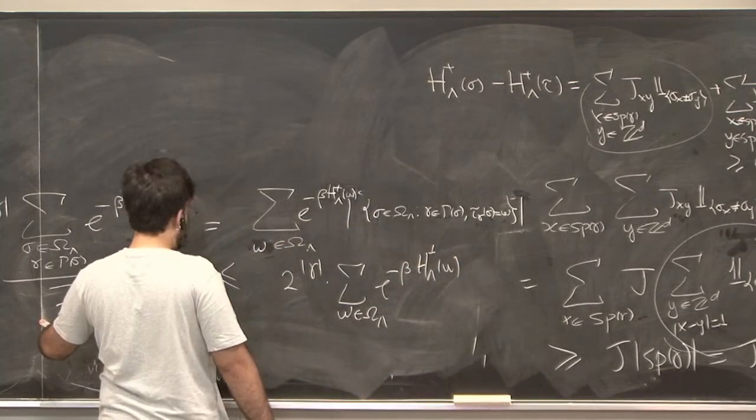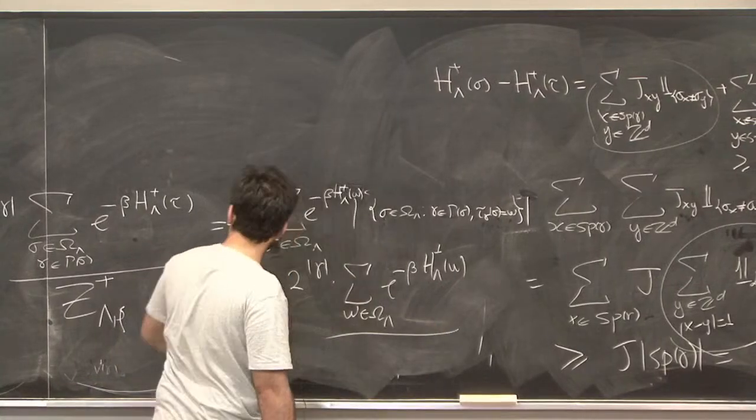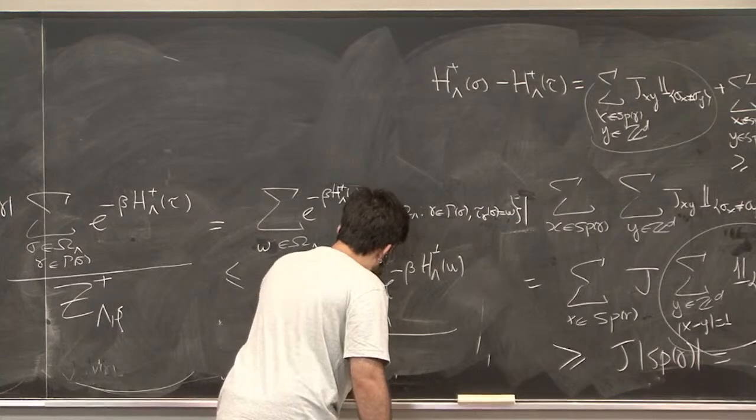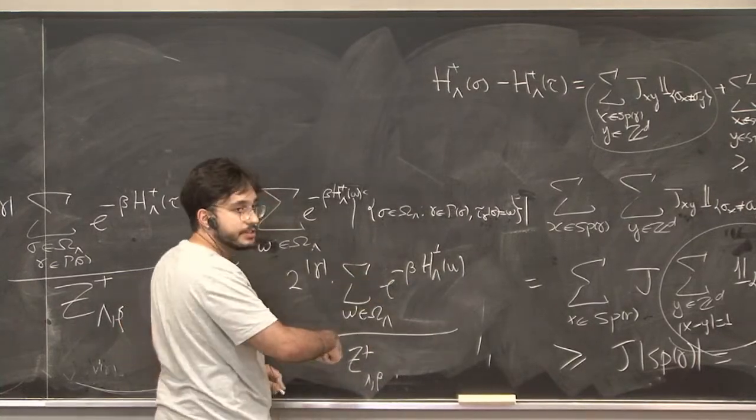But we are dividing by the partition function, okay? Beta plus, and this is exactly the partition function. So this is 1.